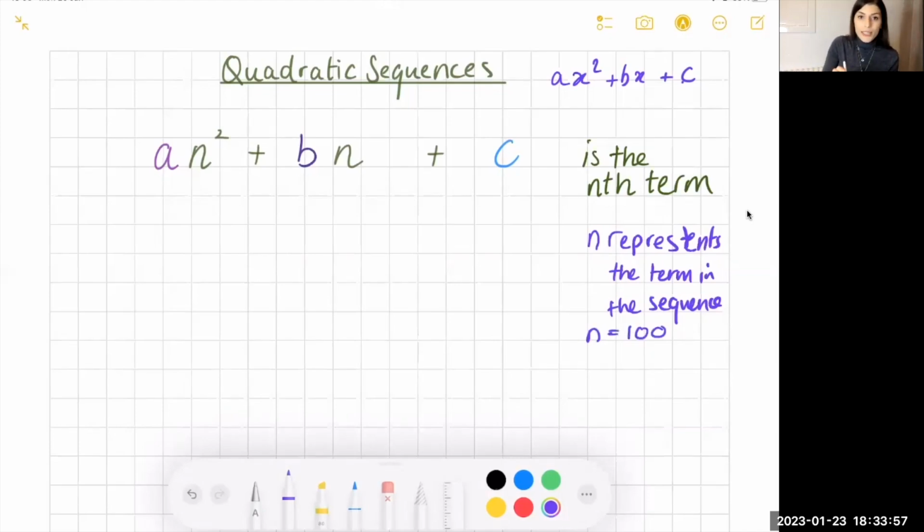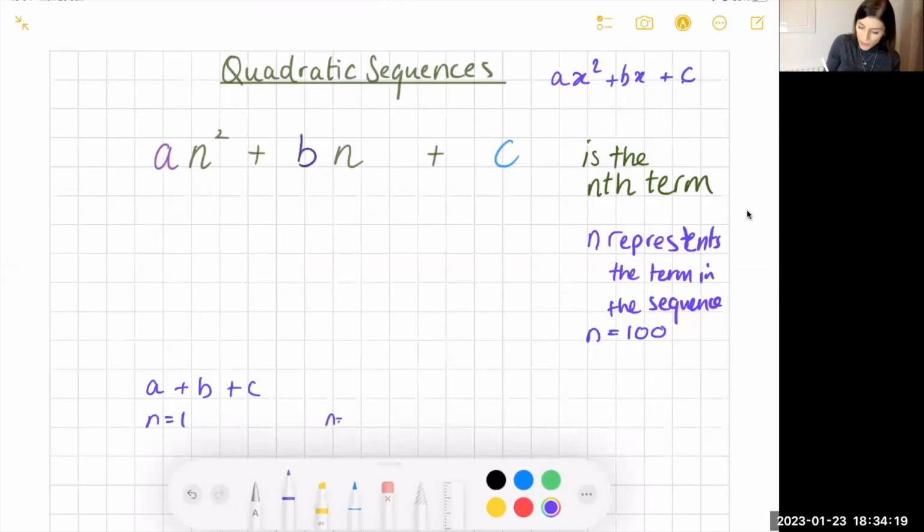Looking at this nth term that we have here, I'm going to list out what this sequence could be. When n is equal to 1, the first term in the sequence would be a times 1 squared, which is just a, and then b times 1, which is just b, and then c. So that's your first term.